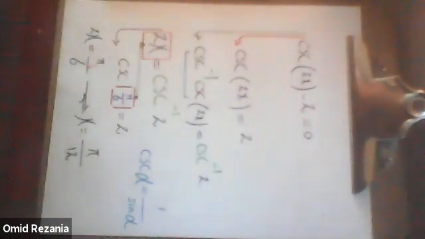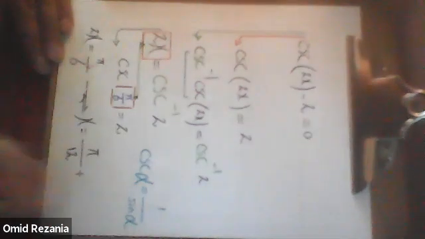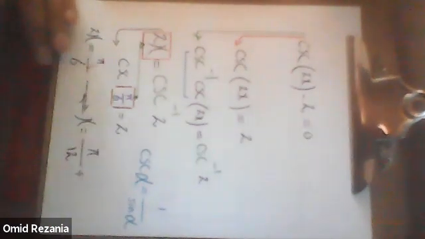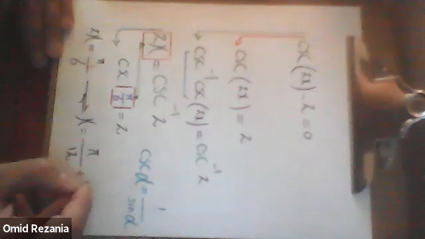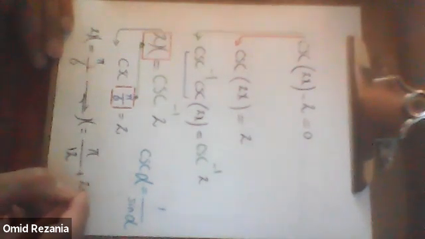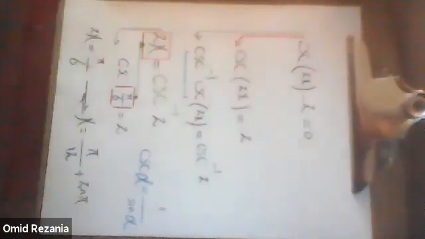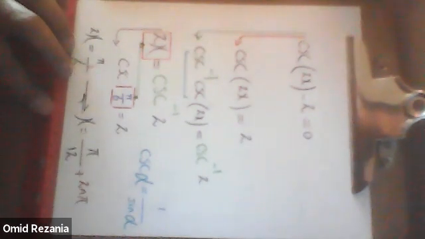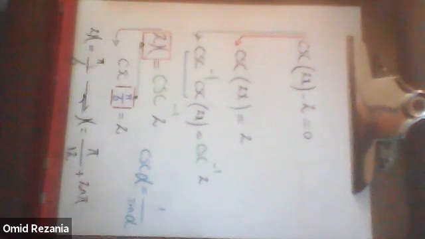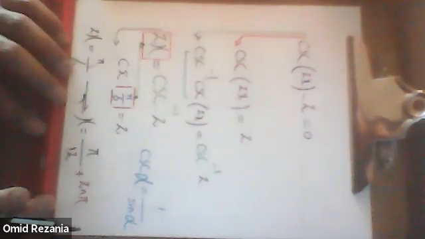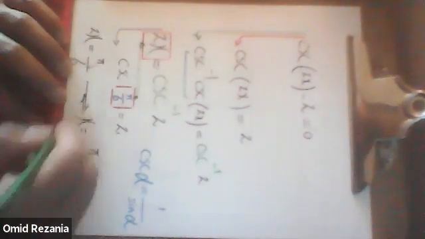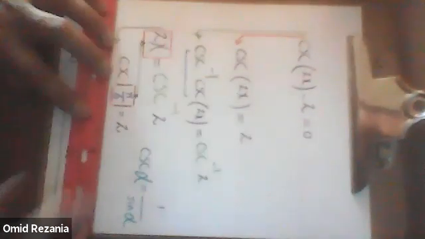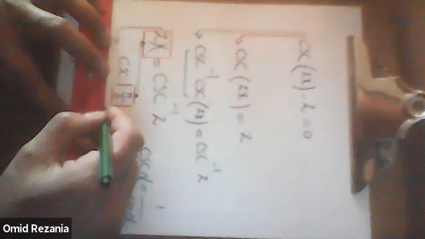Then at the end, you say that it's going to be plus a kind of salt and pepper that you have, plus, let's say, for example, 2n pi at the end. It's not as important as pi over 12, but all that we need is going to be this expression. Pi over 12 is going to be the solution for this equation.